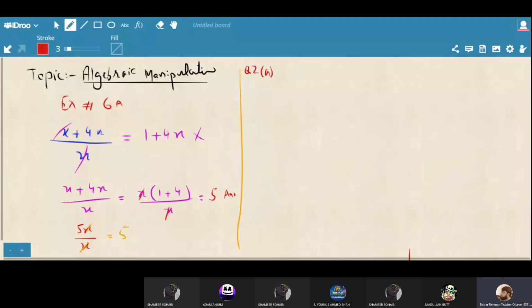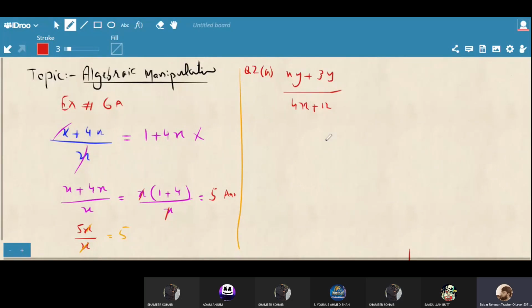So the question is xy plus 3y divided by 4x plus 12. But keep one thing in your mind, that you will factorize first.